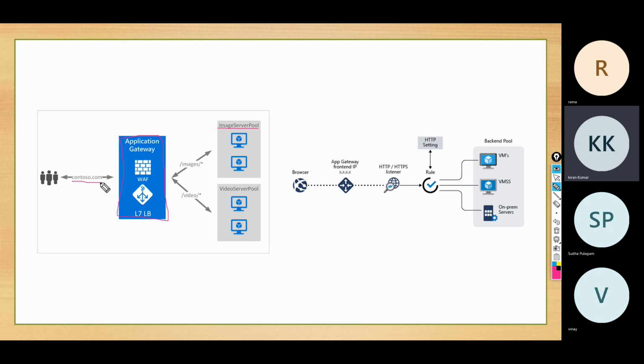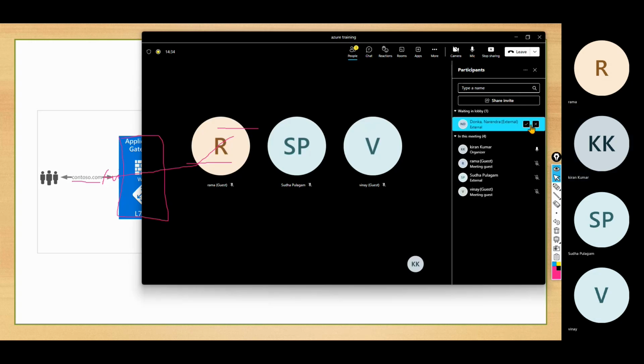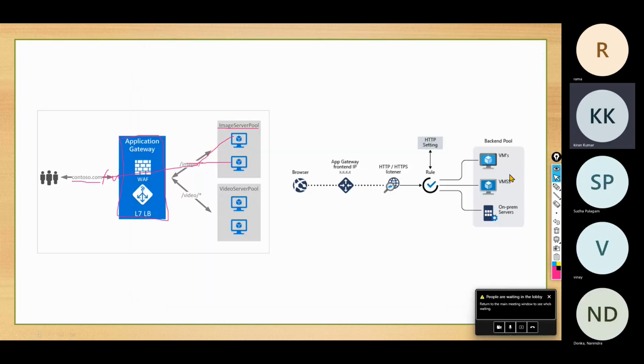Whenever the URL header changes to images, it routes the traffic to the image server pool, and whenever the URL header is slash video, it routes the traffic to the video server pool. So accordingly, based on the URL header, it routes the traffic to that particular server pool.